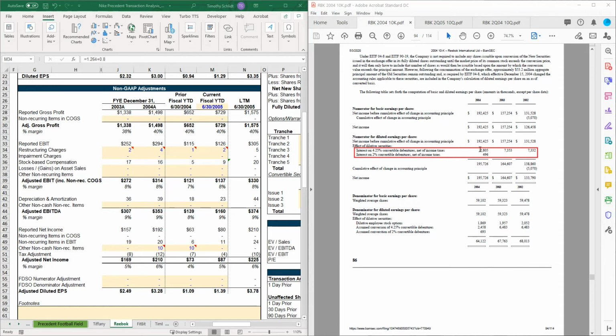And so what they call out here is the interest on these notes. And we can see in 2004, the amount would have been 2.805 plus 0.496. And in 2003, it was 7.353. And so these were from PDF page 94 of 2004 10K. So let's copy those in.